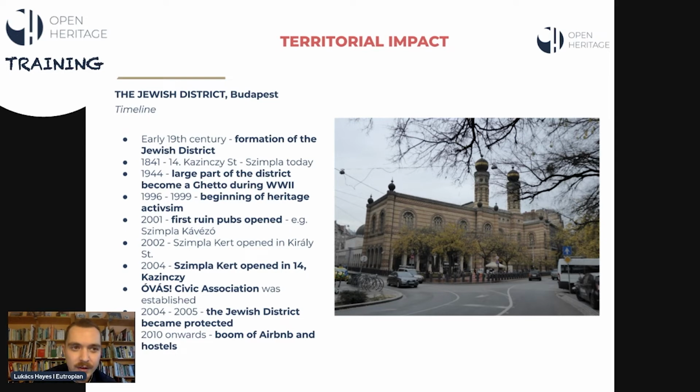It started off a chain of events that led eventually to the revitalization and then the huge popularity of this area. And the Jewish district became protected by Hungarian law in 2004 and 2005.